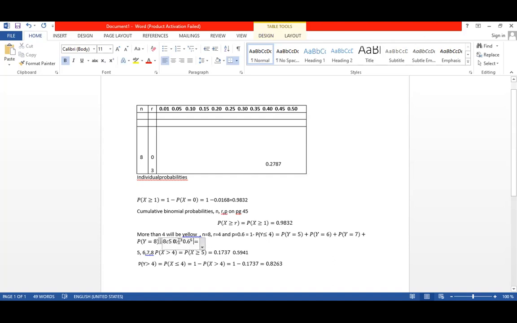But as we use it as the probability of success, R is going to be 3. So we read from n equal to 8, R is 3 of 0.4. The probability of this will now be equal to the probability of the red ones being equal to 3. Are you understanding what I'm trying to show you?